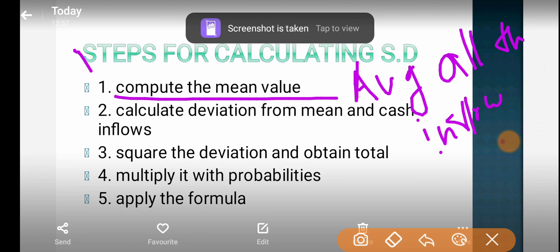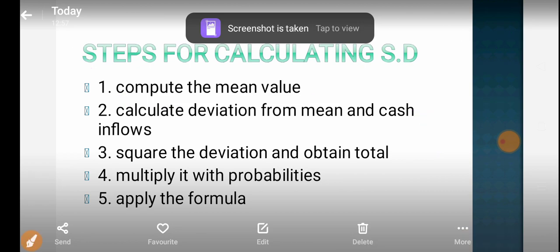When we get the mean value, we then measure its deviation from the mean under the second stage. Then the third stage, square the deviation and obtain the total. Here we are measuring the square of the deviation.